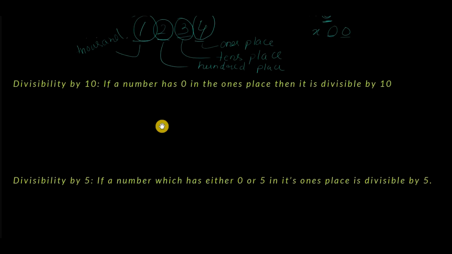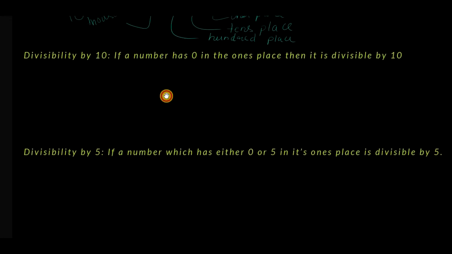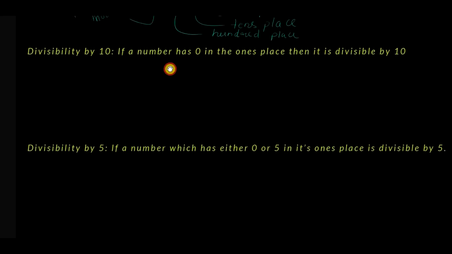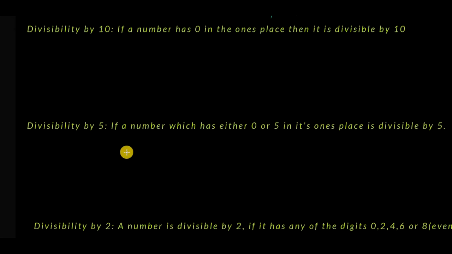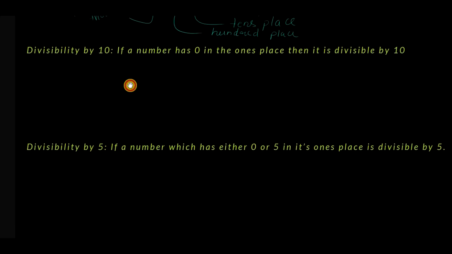So actually this divisibility test is about whether a number x is divisible by say 10 or not, or 5 or not. We have to check the divisibility of each number. The first three divisibility tests will be quite easy: divisibility by 10, divisibility by 5, divisibility by 2. It is to make you familiar with the topic.